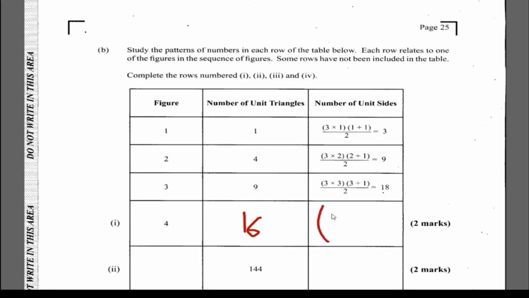The pattern is 3 times the figure number, in this case 4, so 3 times 4, multiplied by the figure number plus 1, which is 4 plus 1, and the result is divided by 2. 3 times 4 is 12, times 5 is 60, and 60 divided by 2 is 30.